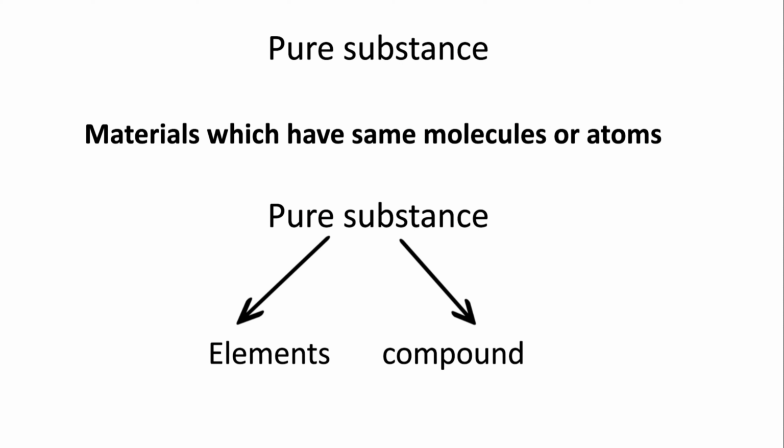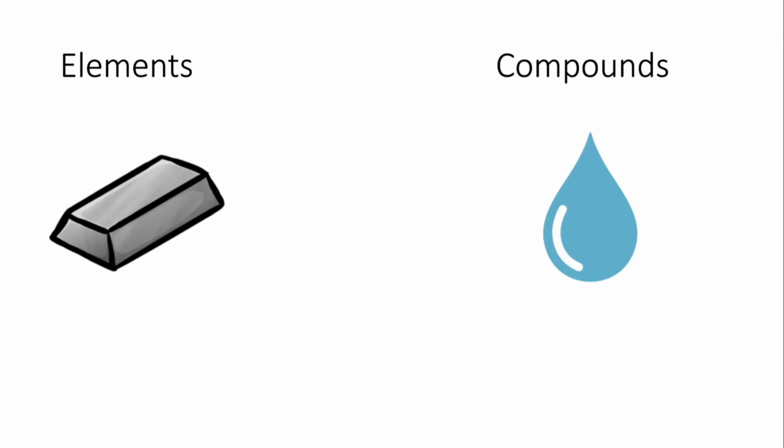Elements are basically substances which have the same atoms, and compounds are substances which have the same molecule. Now, let's see an example of elements and compounds. The example of an element is iron, as it is made out of iron atoms, and the example of a compound is water. The formula is H2O, and it contains two hydrogen atoms and one oxygen atom.